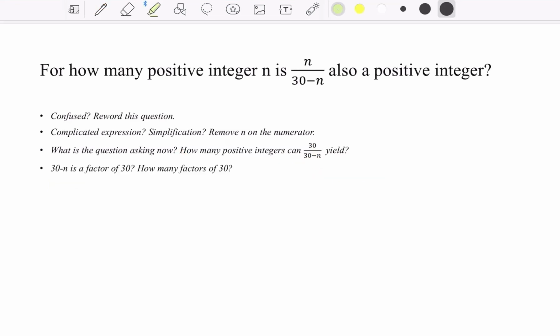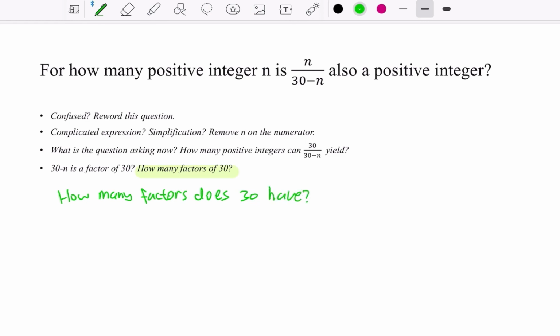Okay, we're doing a lot of question simplification today because now the question becomes, how many factors does 30 have, right? So let me write this down. How many factors does 30 have?